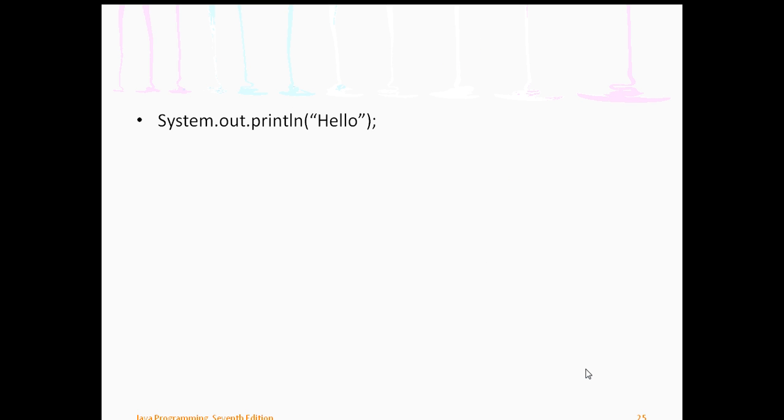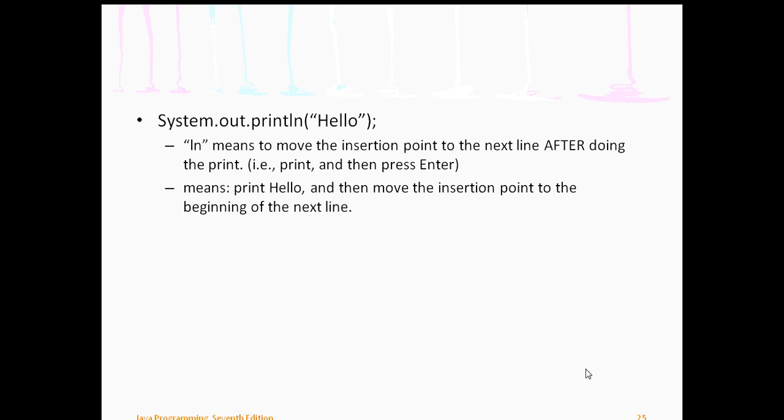So how about ln? What about that? What does that mean? So ln, now this is not in, this is ln. ln means to move the insertion point. ln could stand for line. So it means move to the next line after doing the print. But remember, it prints first. You've got to remember, the word print happens first.